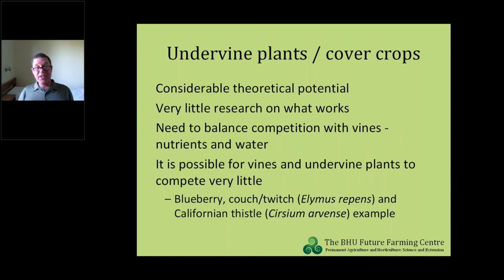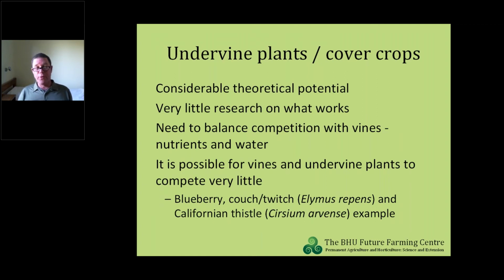And to me, the potential here is huge, but as I said before, very little research on what's actually working. And the fundamental problem here is managing competition with the vines. The reason we've gone down the herbicide and this cultivation strip under the vines is because other plants can and will compete with the vines and cause problems such as reduced yield or insufficient water.